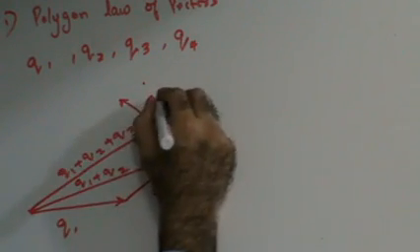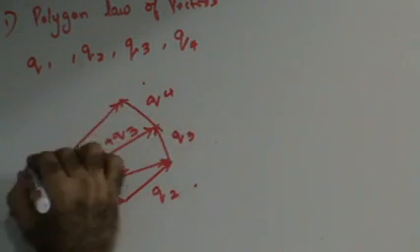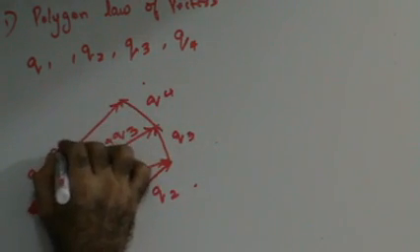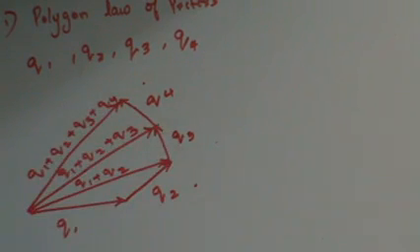This is my q4. Join this. This is going to be my q1 plus q2 plus q3 plus q4. So that's how you add multiple number of vectors. Just go on increasing one side of the triangle and you will go on getting your answer. And this is called polygon law of vectors.